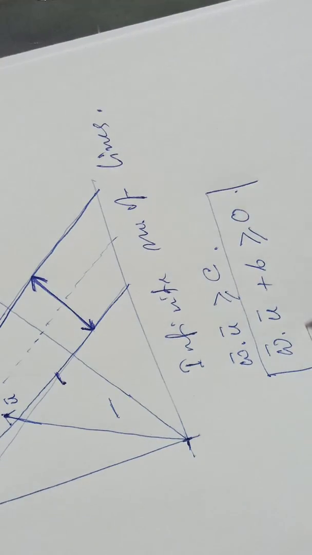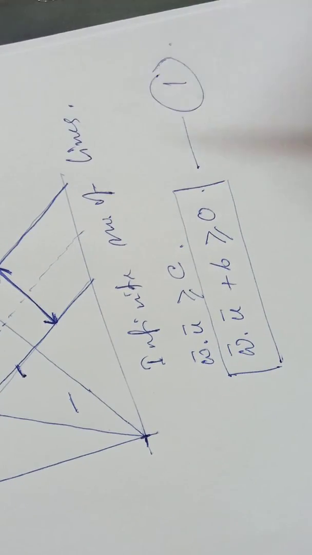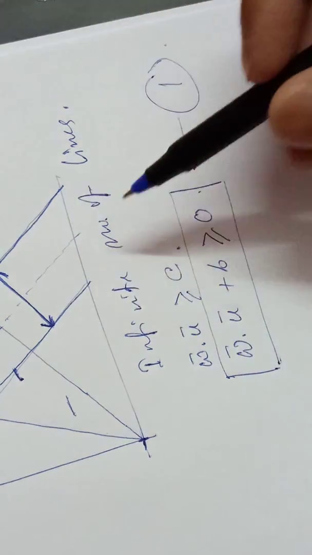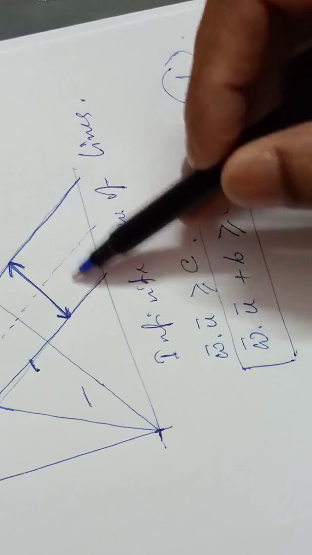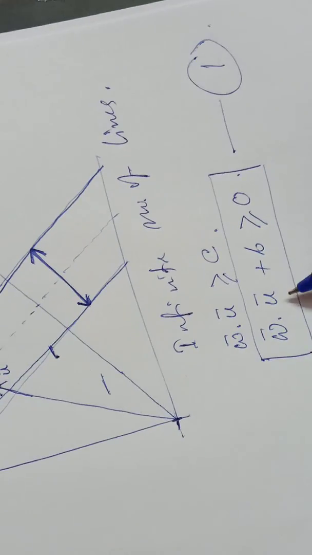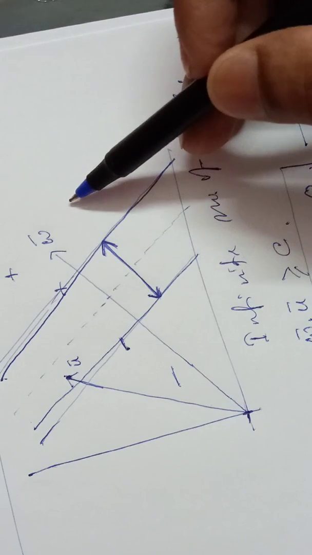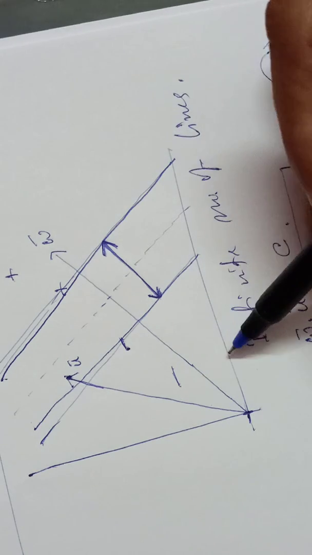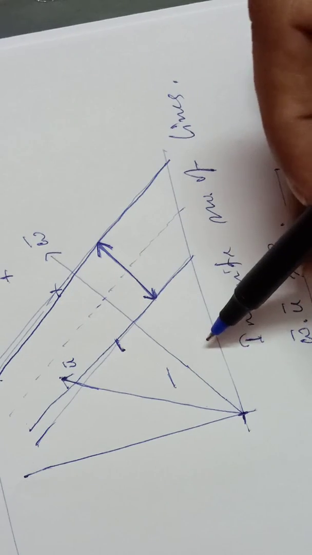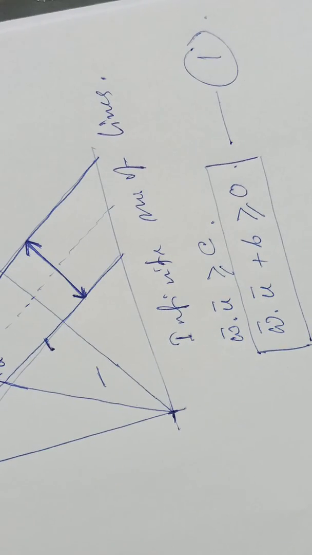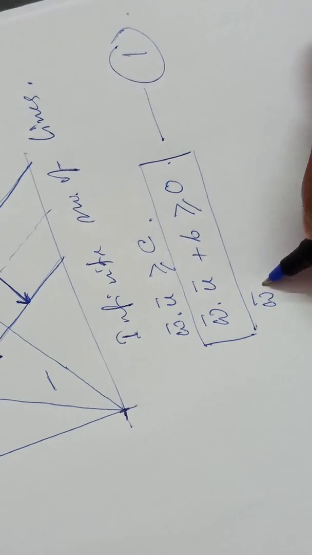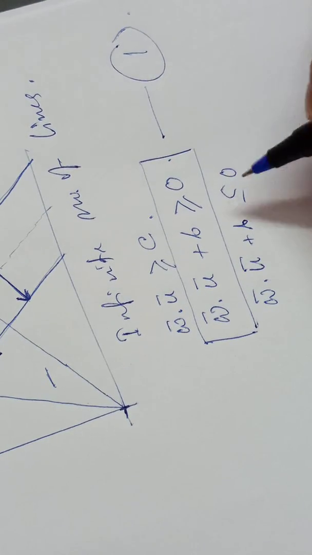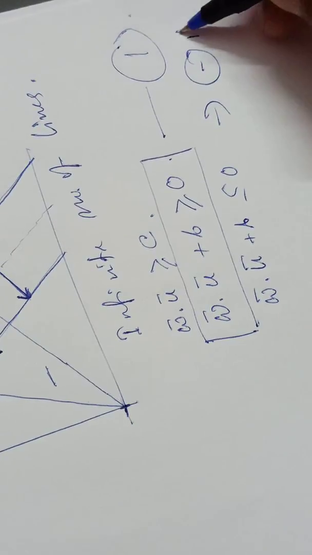So we can call this condition number 1, or equation number 1. If any data is on the street, then the value W dot U plus b equals 0. If it is greater than 0, then it is on the positive side. If it is negative, then it is in this region. Therefore, W dot U plus b is greater than or equal to 0 for positive classes, and W dot U plus b is less than or equal to 0 for negative classes.